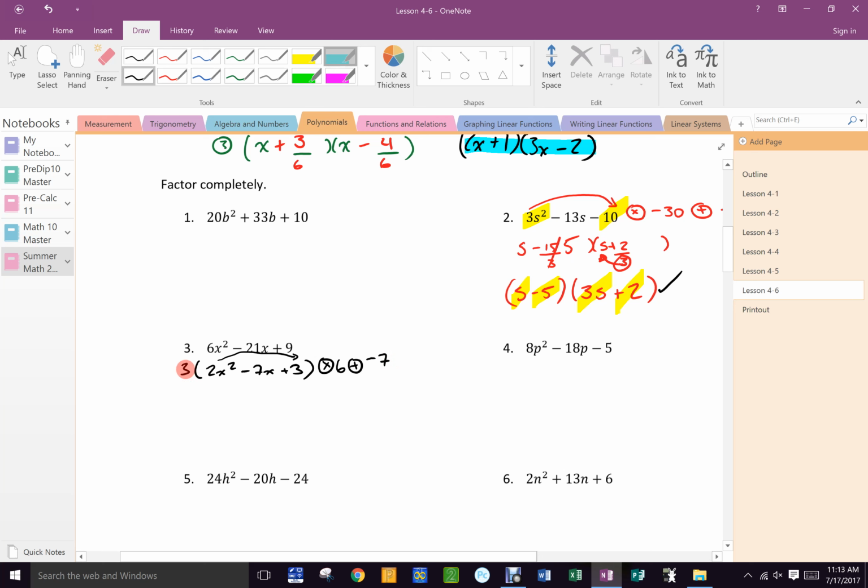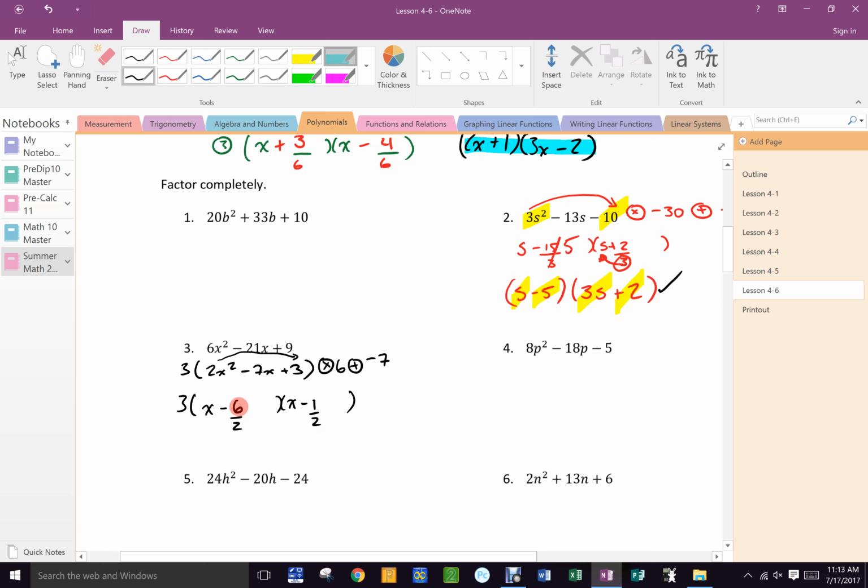Can I forget about this 3? No. So I'm going to have x minus 6 and x minus 1, yes? But it's not really 6 and 1, because how did I get there? I multiplied by this 2, didn't I? So I've got to remember what is my last step. I've got to get rid of that 2, so I need to divide by 2.